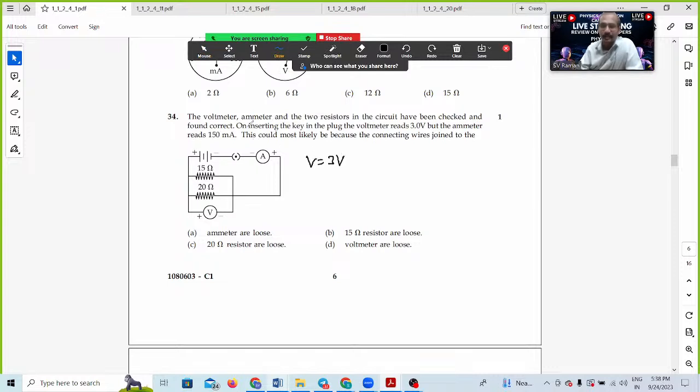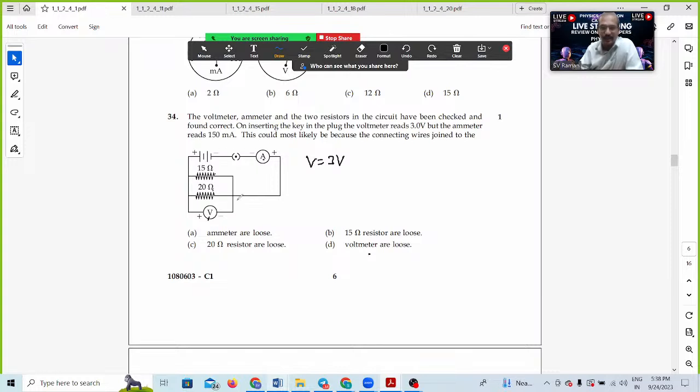What are they asking? Either the ammeter is loose, the 15 ohms resistor is loose, the 20 ohms resistor is loose, or the voltmeter is loose. So for this kind of question, read again properly. The voltmeter, ammeter and the two resistors in a circuit have been checked and found correct.